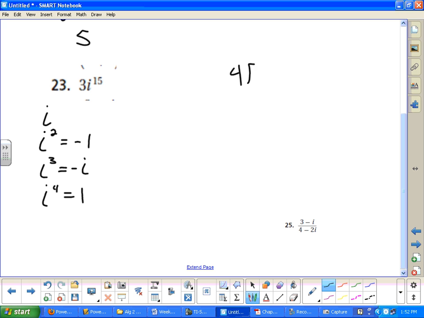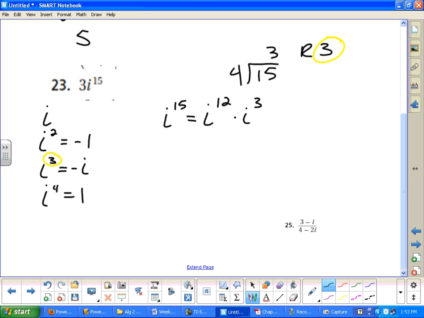So if I do 4 into 15, what do I get? 3. I get 3 with a remainder of 3, right? So this remainder is the number I'm concerned with. If I have a remainder of 3, that means I'm looking at i cubed, because i to the 15th is equal to i to the 12th times i cubed.